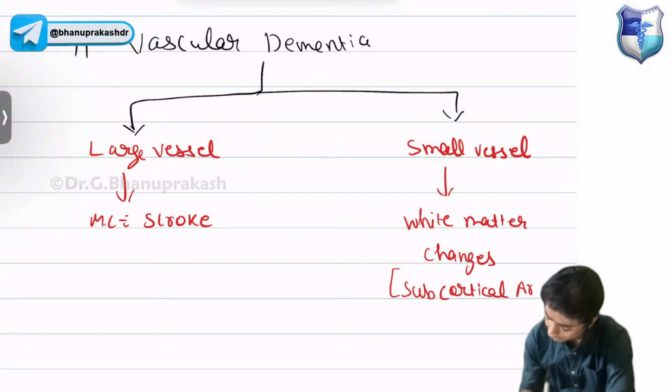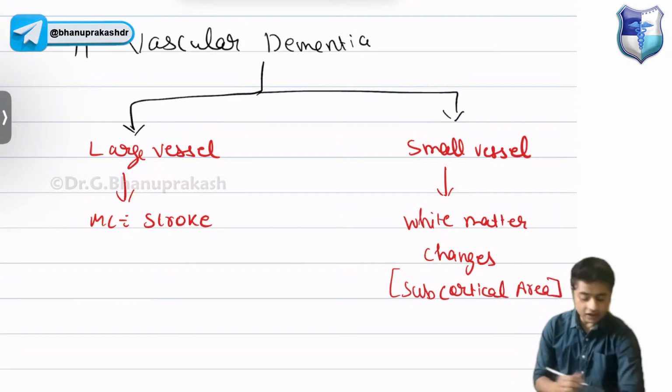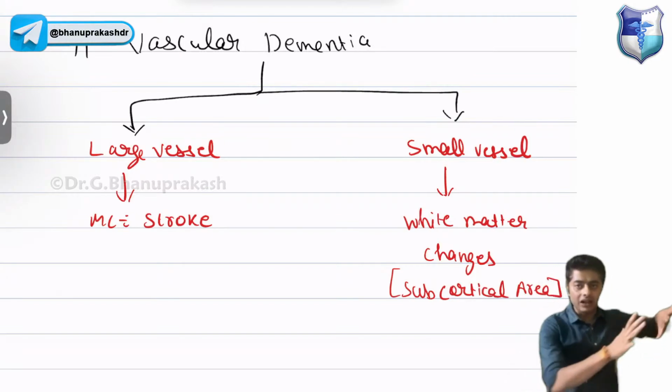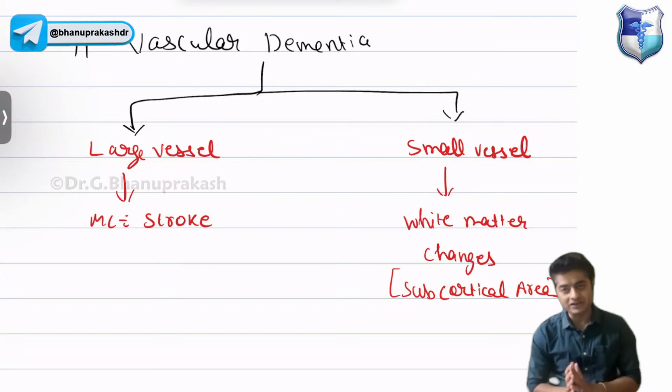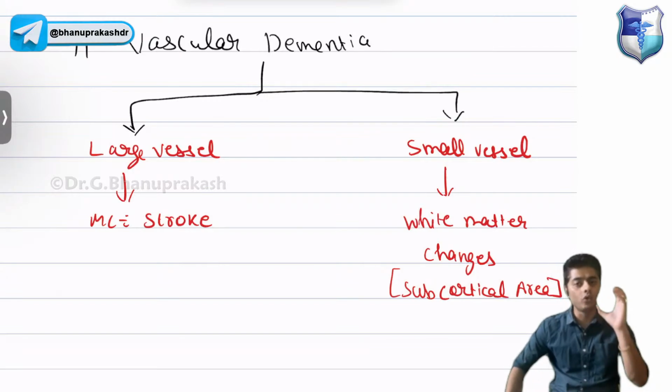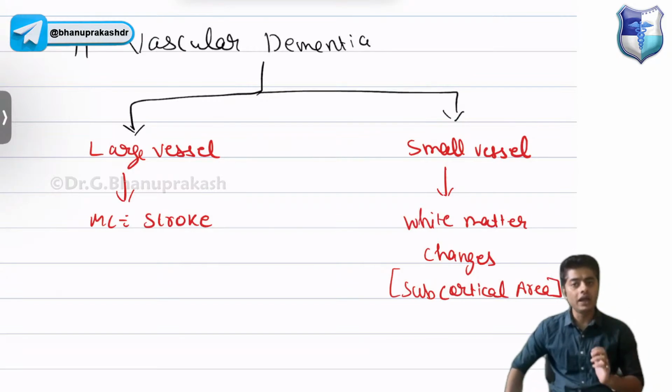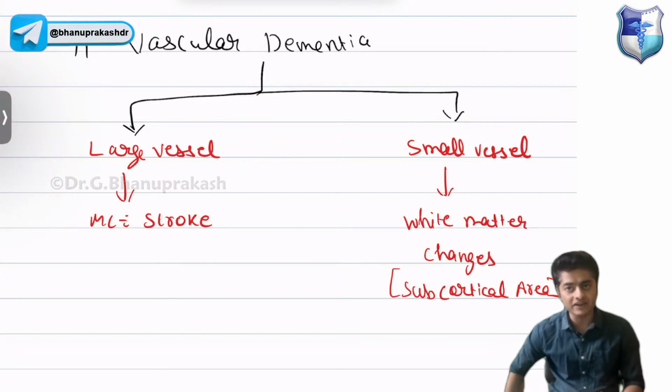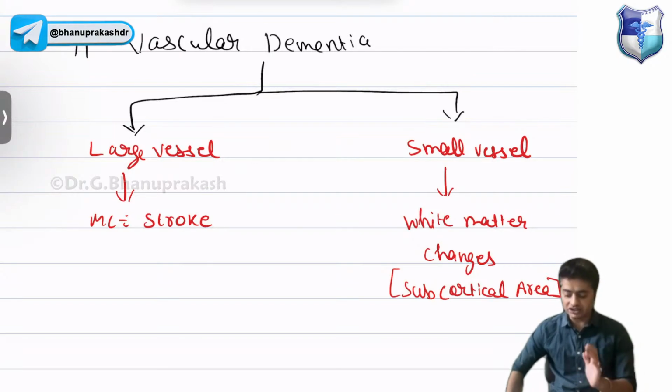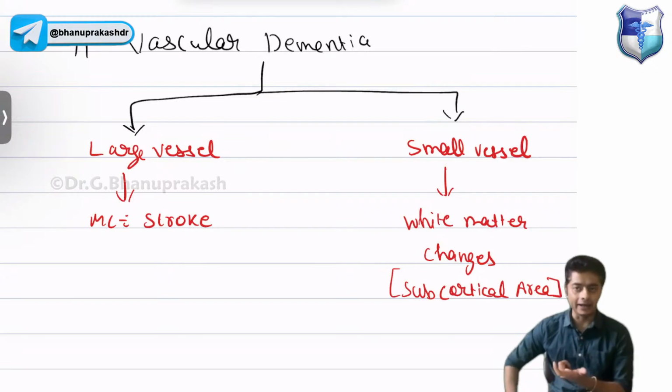So vascular dementia is of two types: large vessel, mostly due to stroke, and small vessel, due to white matter changes in the subcortical area.